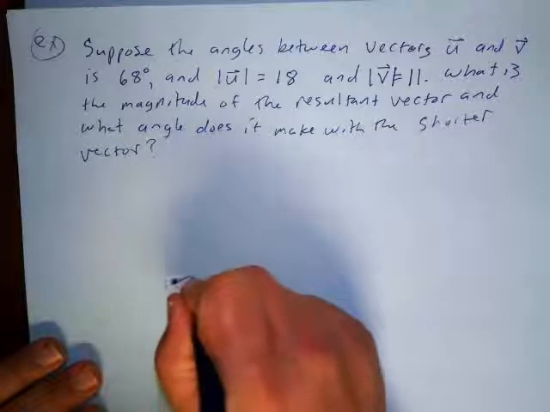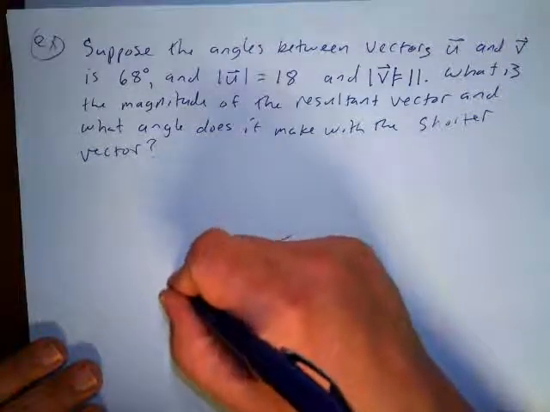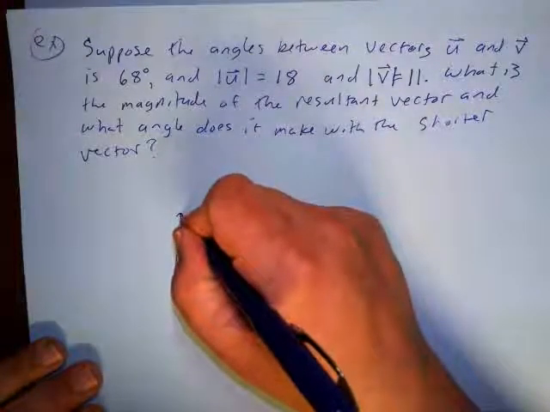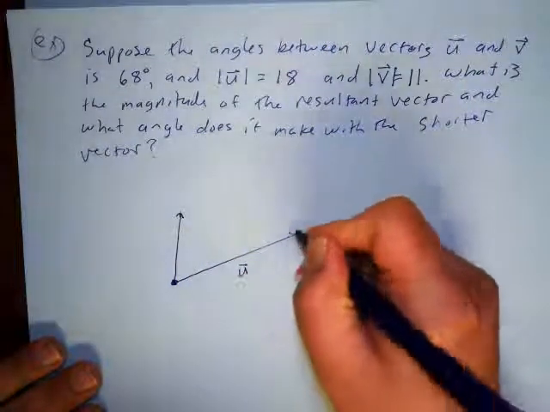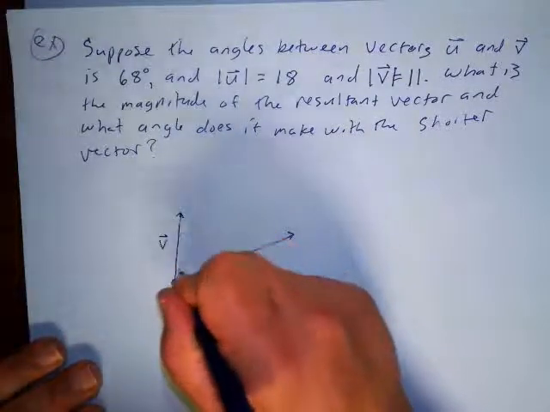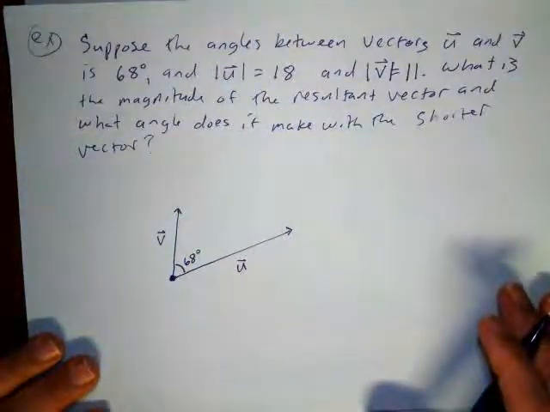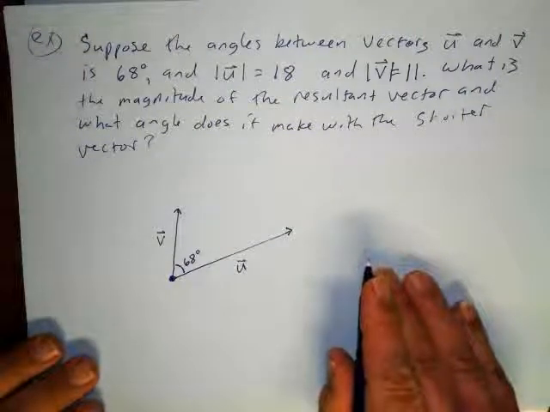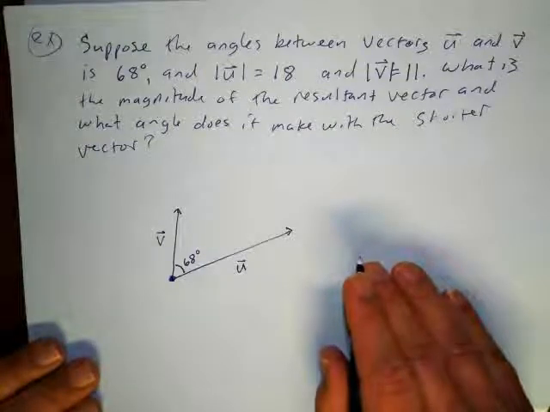There is one that's 18, and another one that's 11, and the angle between them is 68 degrees. This would be u, and this would be v. Now you want to find the magnitude of the resultant vector and the angle that it makes with the shorter side.